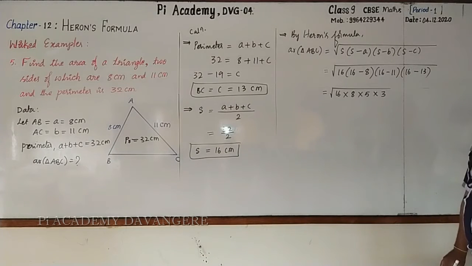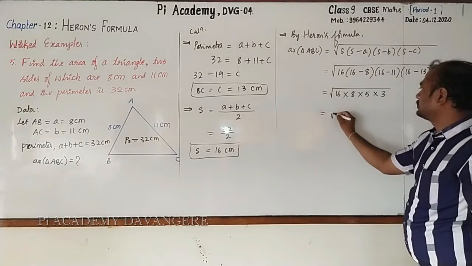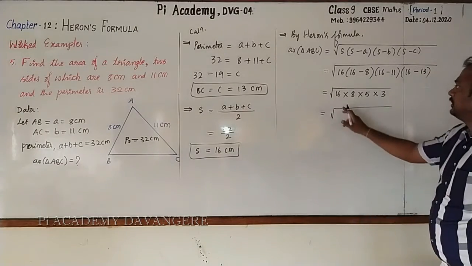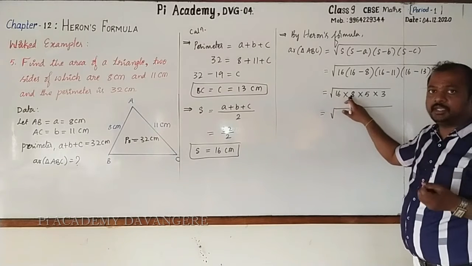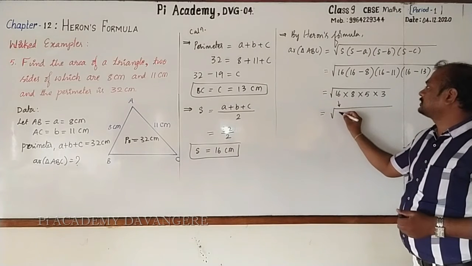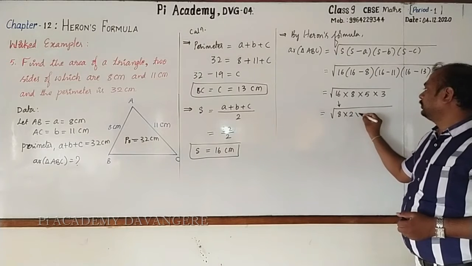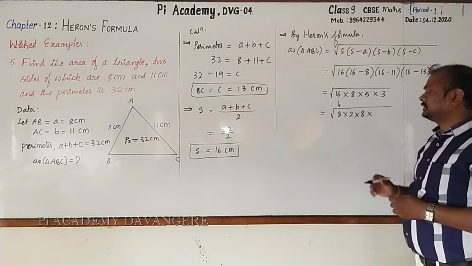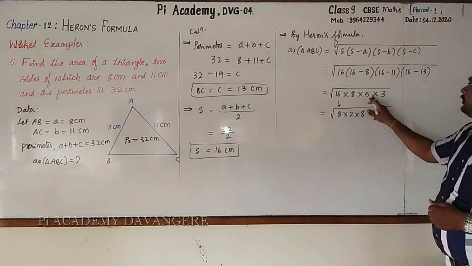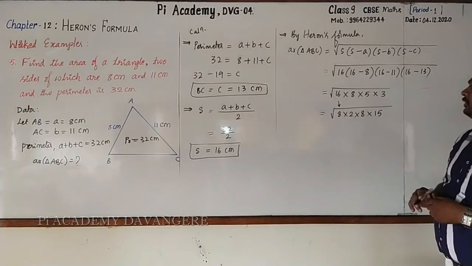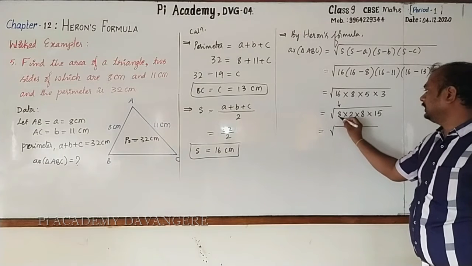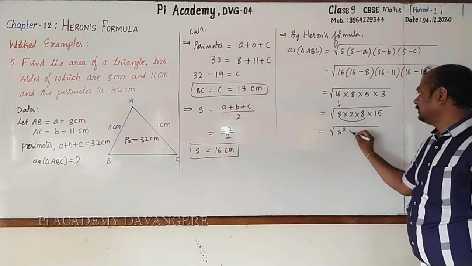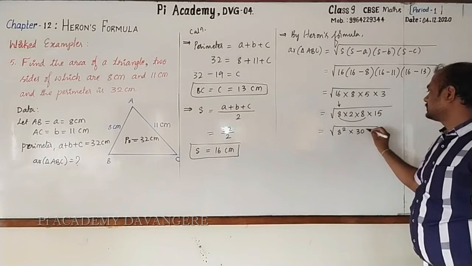Followed? Now this is equal to square root of, observe it, here 16 is there, here 8 is there. 16 is the multiple of 8. Hence, I can write 16 as 8 into 2 into 8 as it is. Then 5 3s are 15. This is equal to square root of 8 into 8, 8 square into 15 2s are, this is 30.